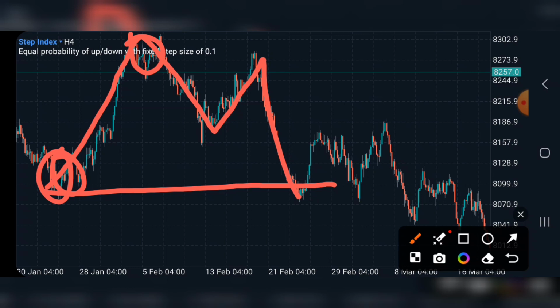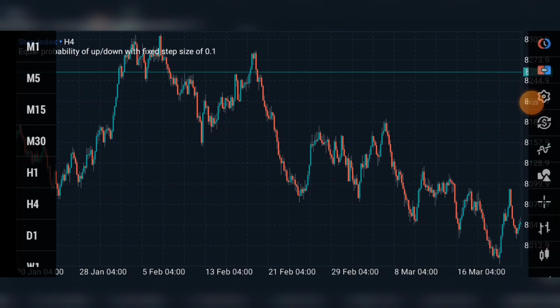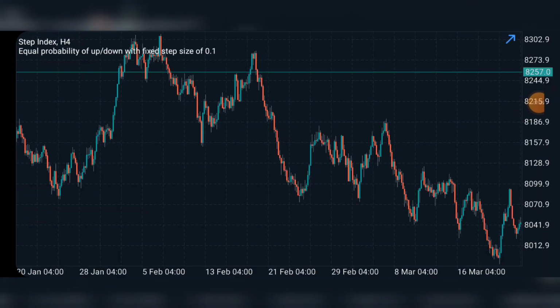So from this low to this high, that would have been a range. Let me clear my screen and get my tools out.